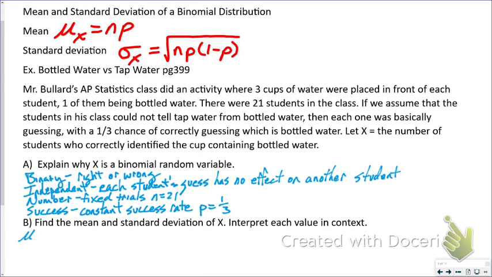So let's practice that formula at the top of the screen. We have 21 people with a 1/3 rate. On average, 7 will guess correctly.